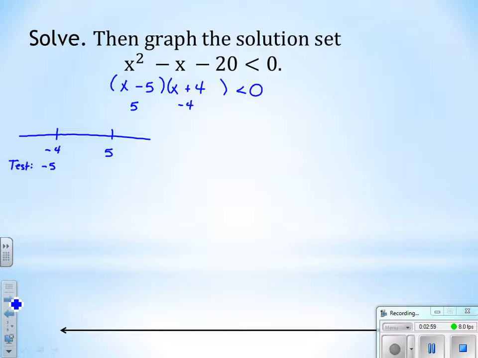In the center, I'm going to test 0. And on the upper end above the 5, I'm just going to go with a 6. I like zeros, by the way. Whenever 0 falls in the interval, that's just the easiest one to calculate with. It doesn't necessarily have to be a certain distance from the numbers. You can pick any number truly in the interval you want. So in that middle interval, I'm going with 0.